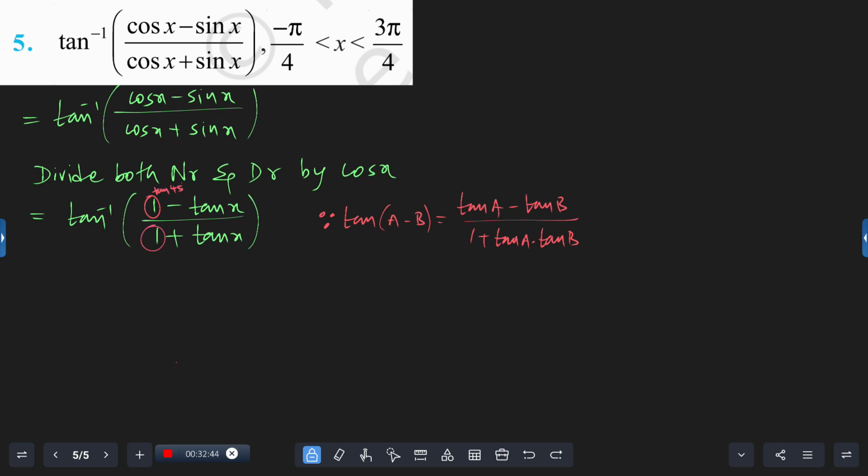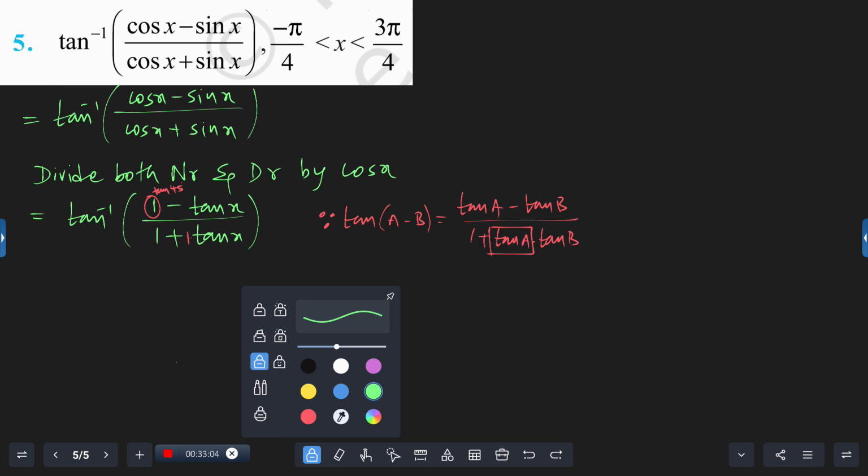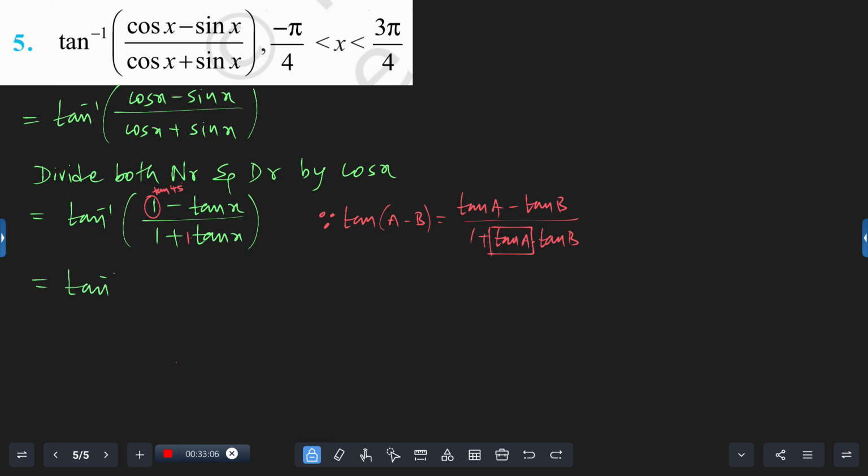Then 1 into tan 45, no change. Be careful in this question when you convert into the formula. So 45 means tan pi by 4.